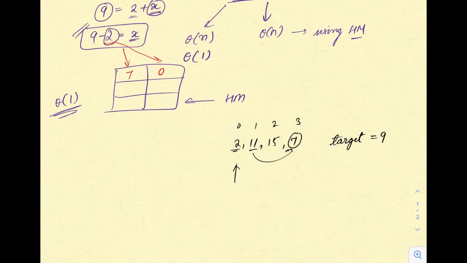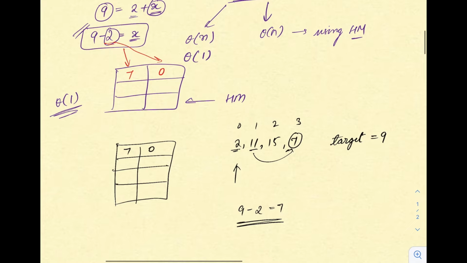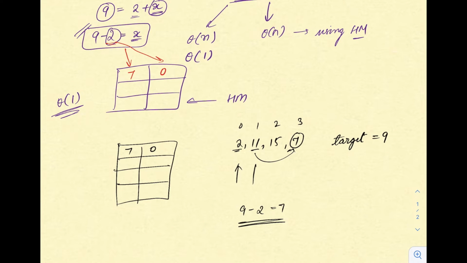So first we will pick up 2, right? For 2 we will have its counterpart as 9 minus 2, that is 7. So 7 is its counterpart and it is located at index 0. Then we go to the second element, that is 11. We will see whether 11 is a counterpart of something or not. No one is looking for 11 as its counterpart.